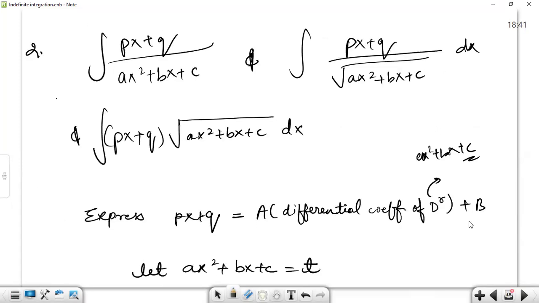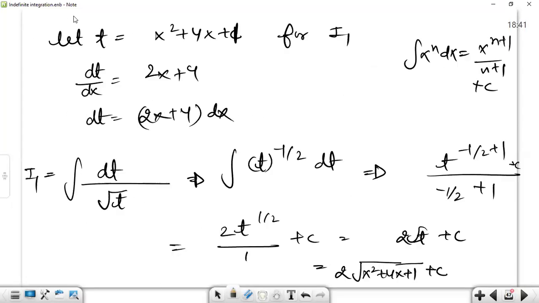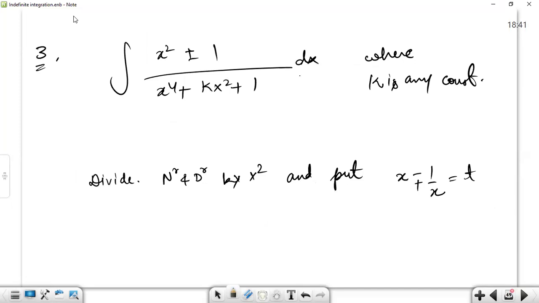Okay, so this was type second. This is type third, which is important. Now, if any function is given in this format, x squared plus or minus 1 divided by x raised to 4 plus kx square plus 1, multiplied by dx, where k is any constant.